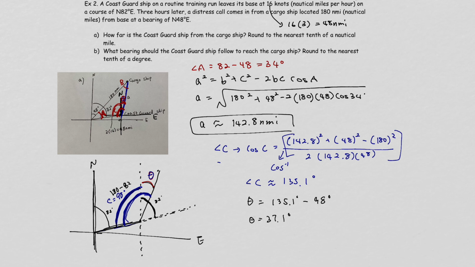So we know that this is going to be north, right? So it'll be north 37.1 degrees east, which is the bearing that the Coast Guard should follow toward the cargo ship.